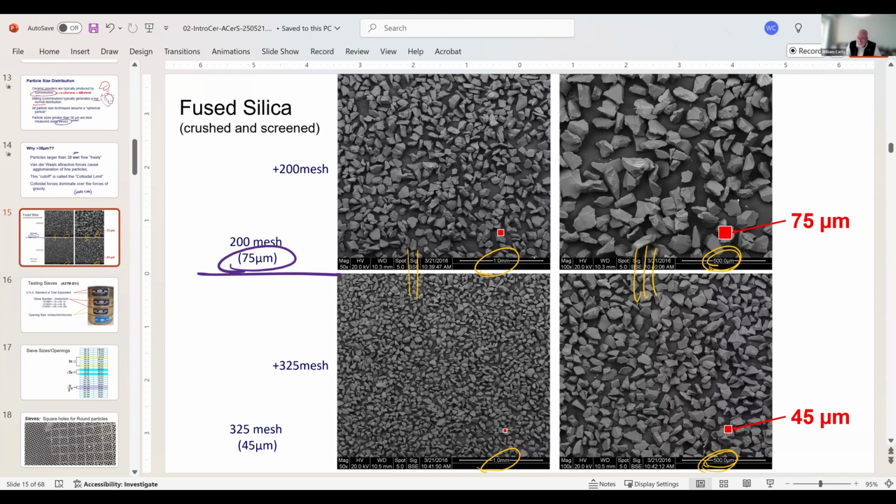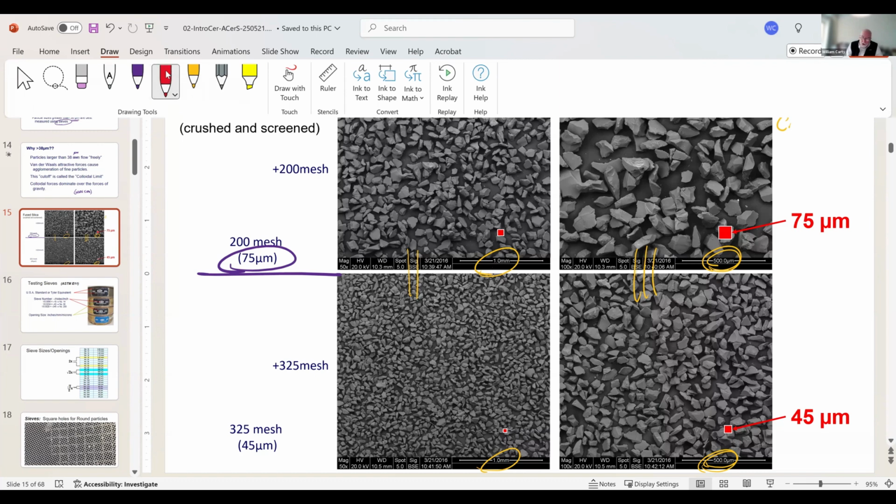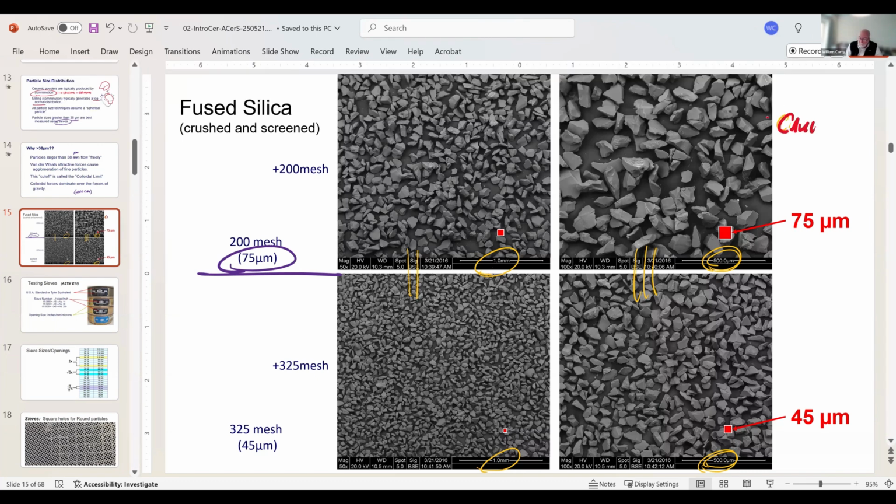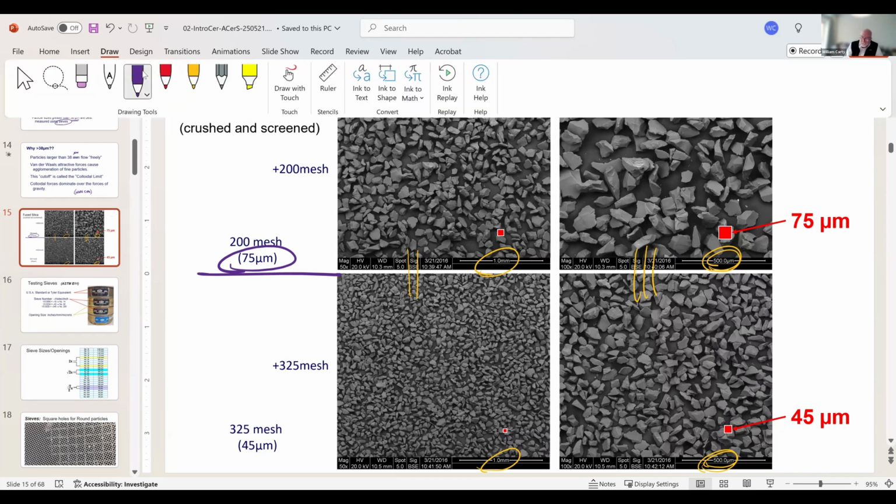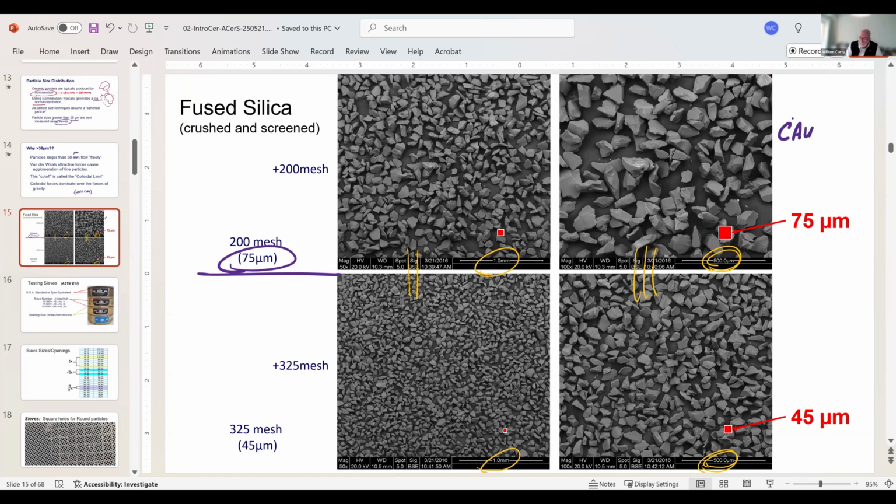Now, what will happen is all of these particles on the top were caught. Okay, they were caught on a 200 mesh, and that means that they all should be larger than 75 microns.